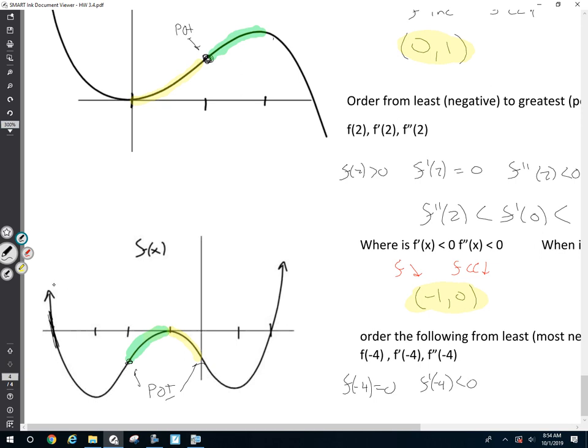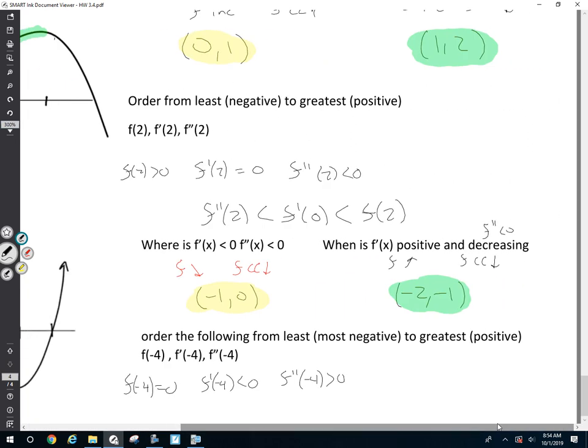F double prime, well, if I look at the concavity, f is concave up at negative 4, so the second derivative is positive. So if I were to order these from least to greatest, I would have f prime, which would be less than f, which would be less than f double prime. Get it?